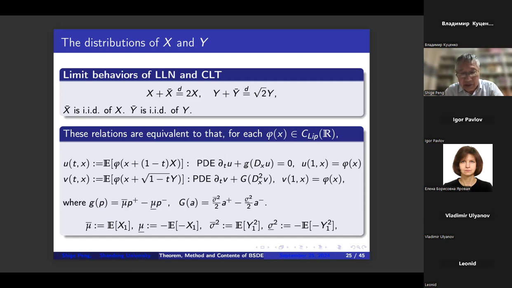We will see later. For example, this one, we can prove it, because when G is linear, it's the heat equation. The heat equation has a kernel of normal distribution. So it just says that the convergence is to the normal distribution.